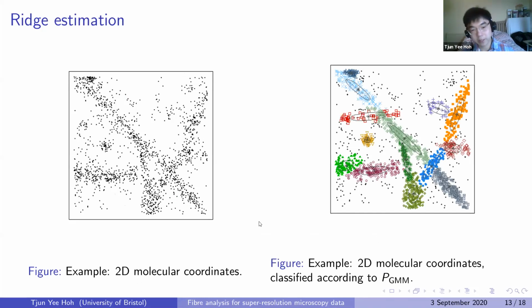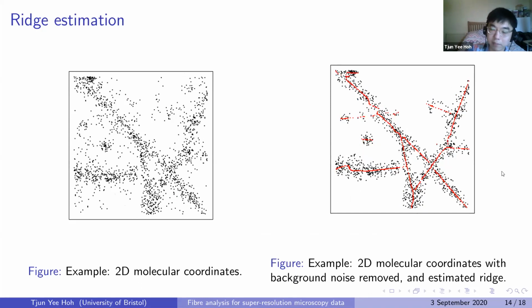Okay, so going back to the actual data sample that we had. So here's the actual data of molecular coordinates. On the right-hand side, you have the probability density estimate, in a sense, using the surrogate model. Here we have the various different Gaussian mixture components. And given that density estimate, we can estimate the ridges, which is given in red here.